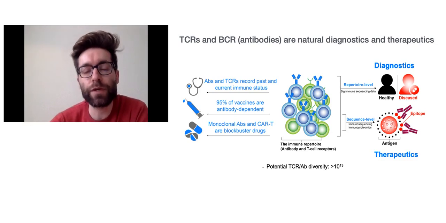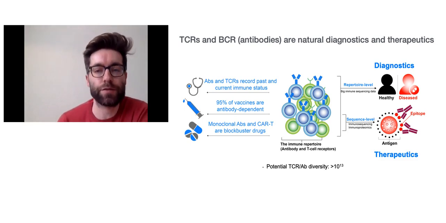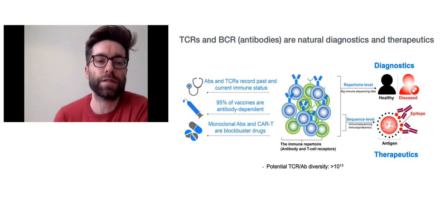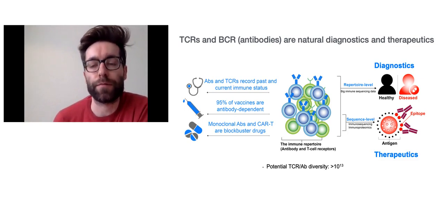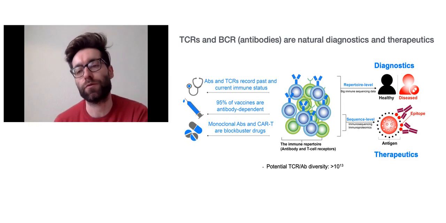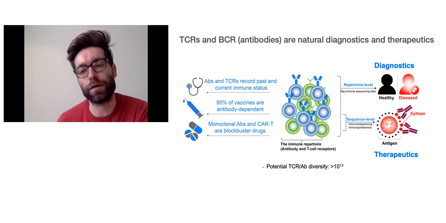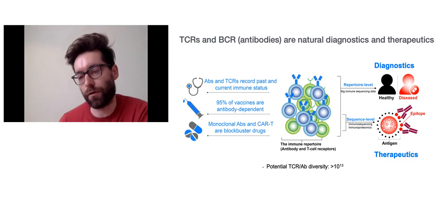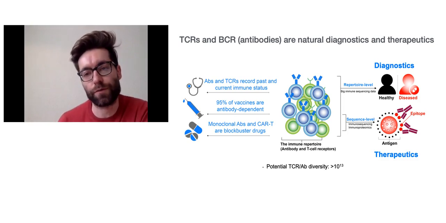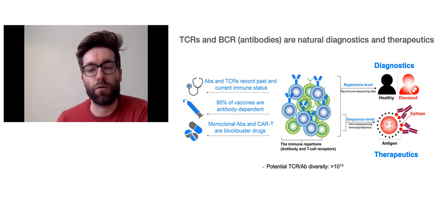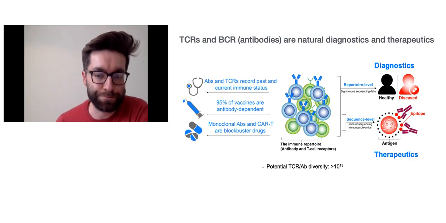So we can use the natural sensing ability of T cell and B cell receptors for diagnostics and therapeutics research. And I guess for all of you who are in this field, you're either working on understanding the immune system from a diagnostic point of view or from a therapeutics point of view.